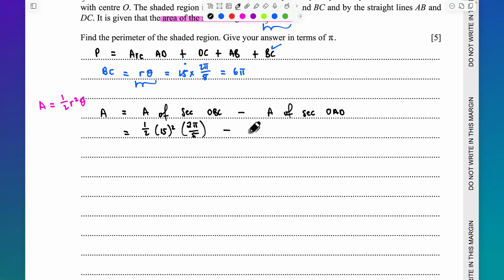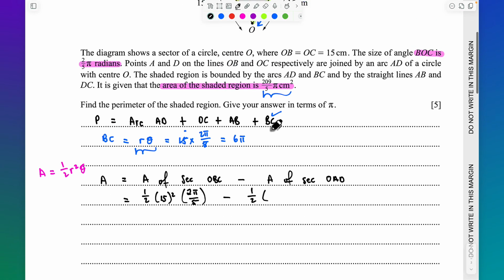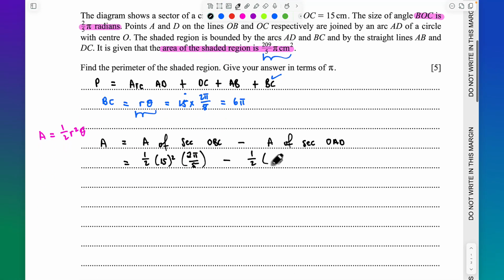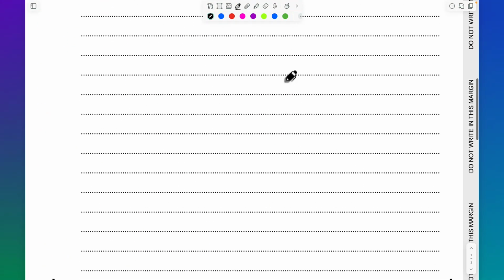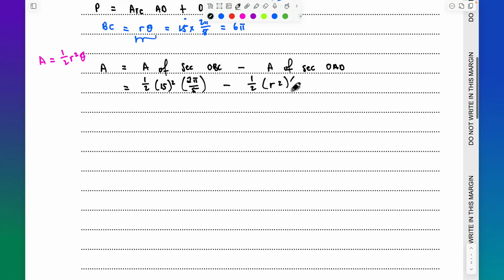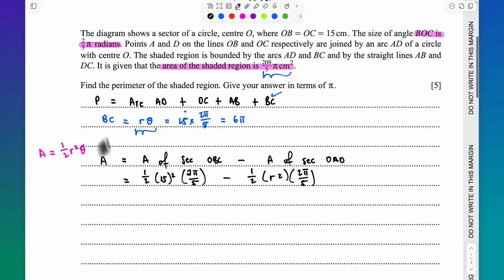And then the area of the other sector is going to be half of the radius squared, which we don't have. So we're going to call this length r. We don't have that radius, but we do have the theta, which is 2 pi over 5 radians. That's going to be your area, and the answer for that is 209 pi over 5.